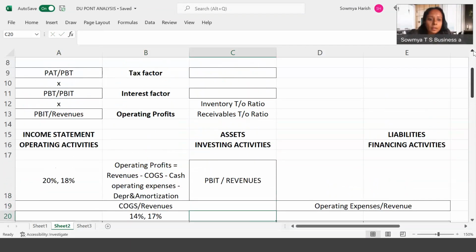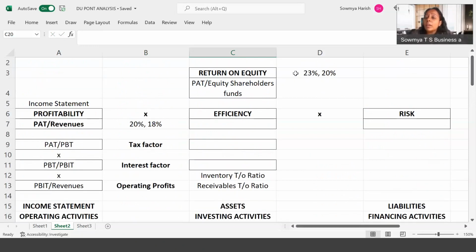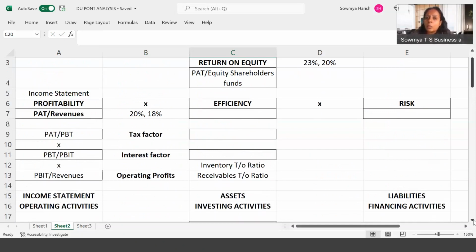And further, your decrease in the operating profits might have decreased your profitability, and the decrease in profitability has influenced your decrease in the return on equity. So this is how we decompose each of the elements to know the exact reason what is influencing your return on equity.